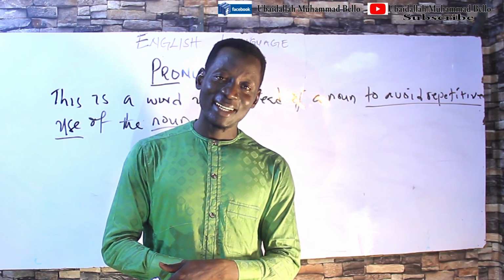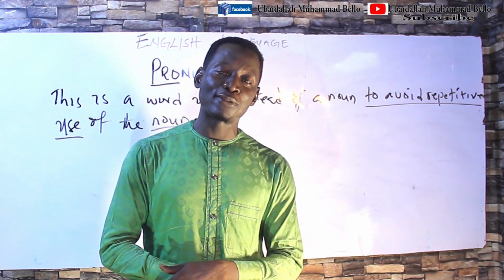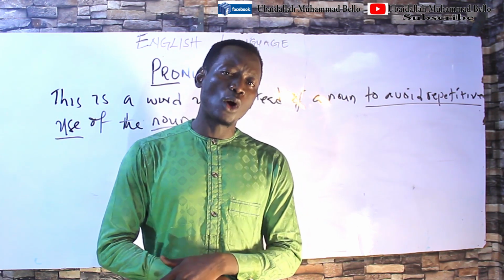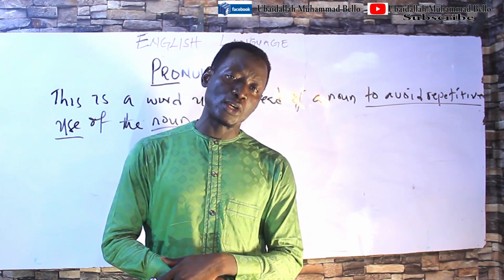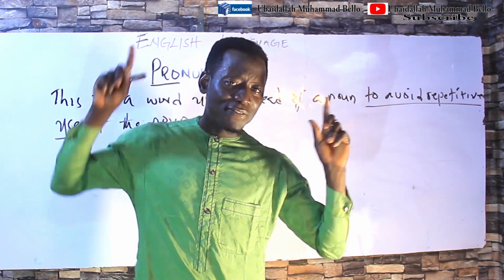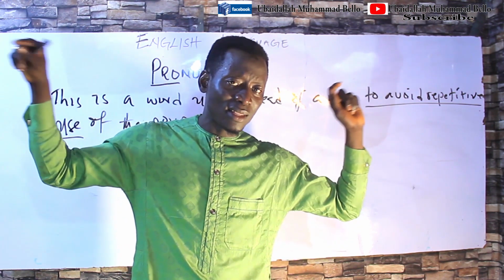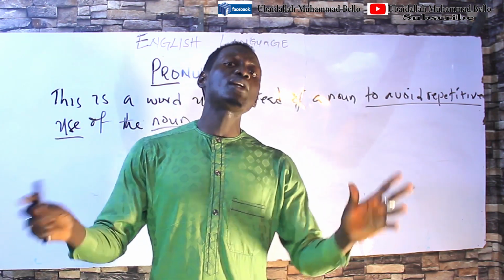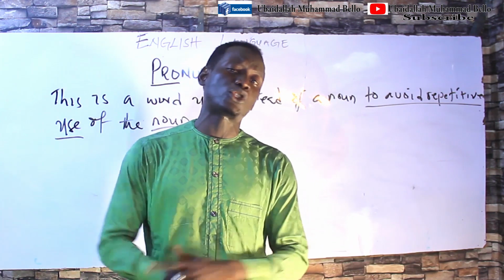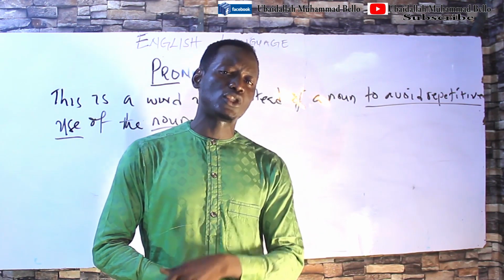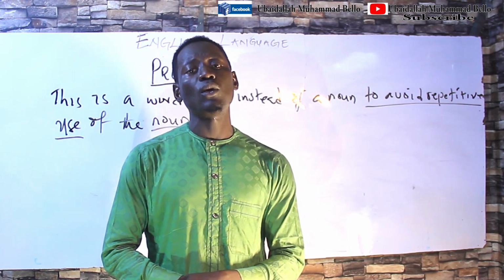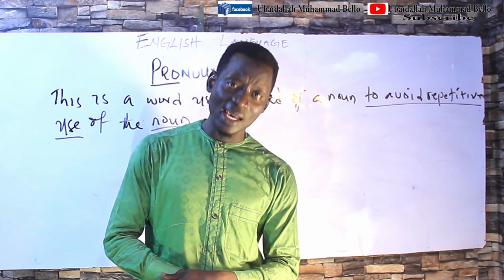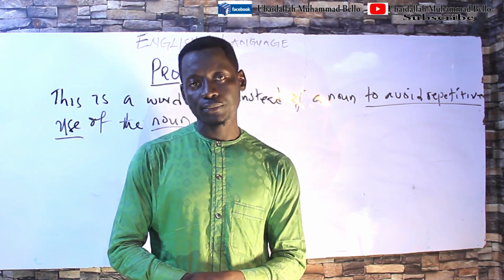His. In replacement of the use of what? John. And aside that, even though the his actually is used by me, I have repeated the noun John, John, John all through. If I'm going to finish this story talking about John and repeating the same John, it is going to look very abnormal as a speaker of English language.